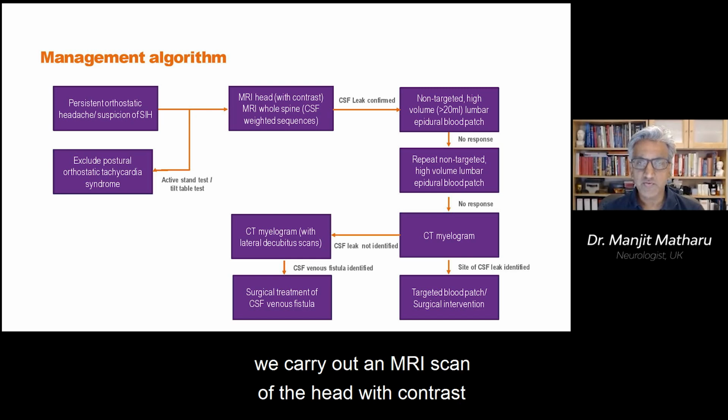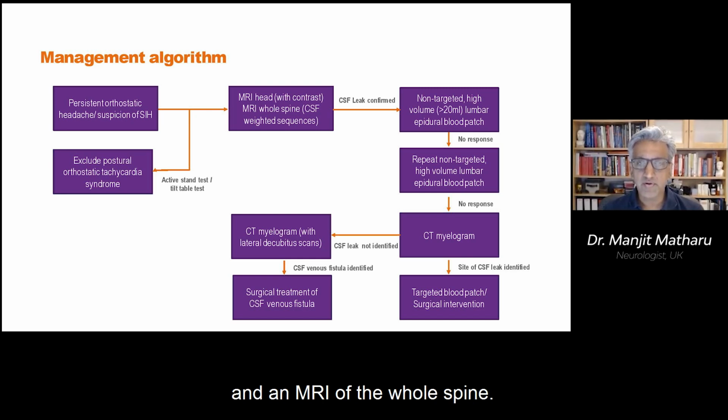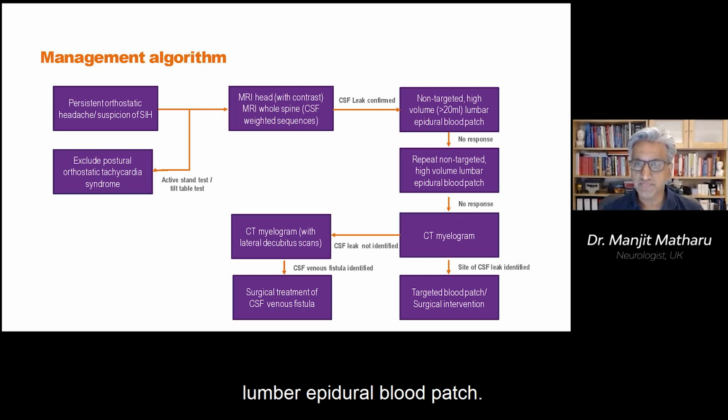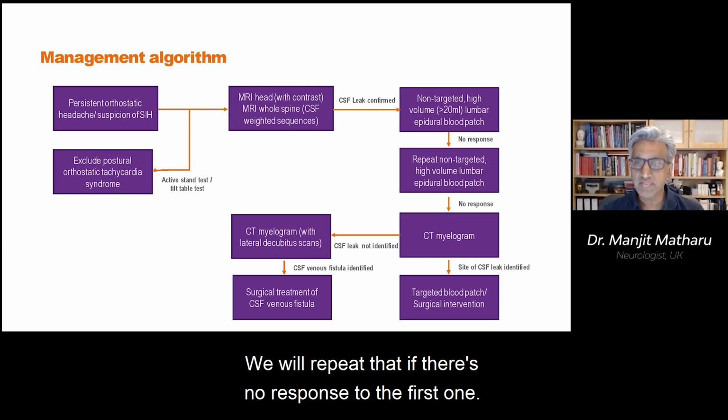In all of these patients, we carry out an MRI scan of the head with contrast and an MRI of the whole spine. If we identify a CSF leak, then we first offer a non-targeted high-volume lumbar epidural blood patch. We will repeat that if there's no response to the first one.